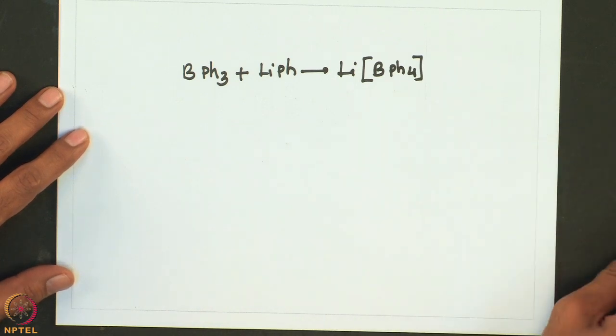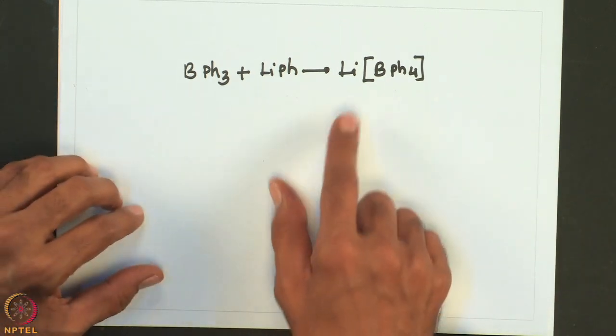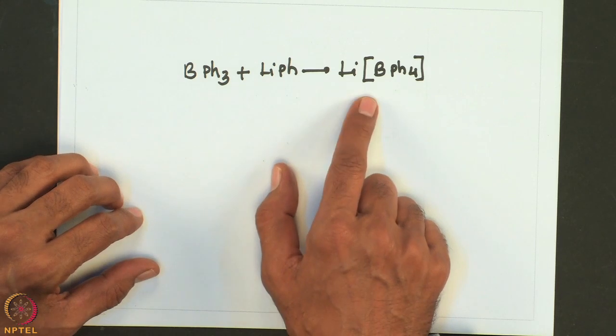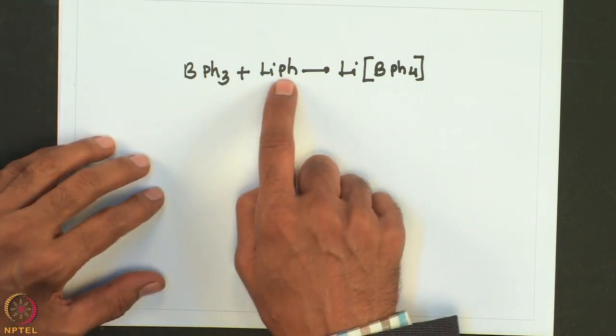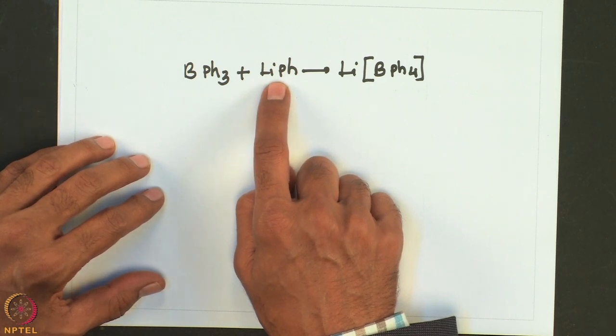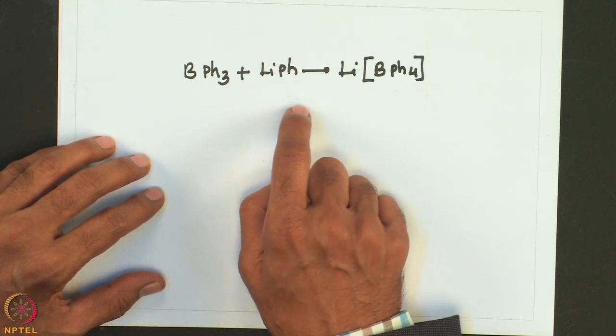So, this reaction may be viewed as the transfer of the strong base phenyl from the weak Lewis acid, Li+, to the stronger acid BPh3.